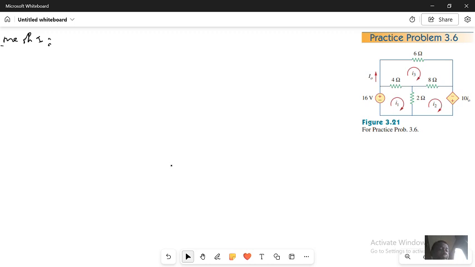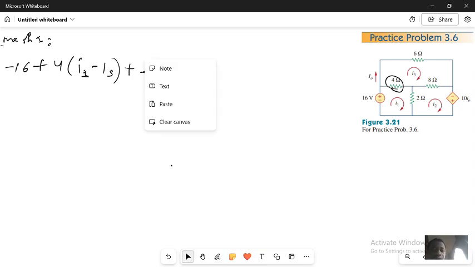In mesh 1, it's going to be minus 16, because the arrow will come in this minus, plus 4. This resistor is between mesh 1 and mesh 3. So I'll have 4 times, because I am in mesh 1, I will start by I1 minus I3, plus 2. This 2 is between mesh 1 and mesh 2.